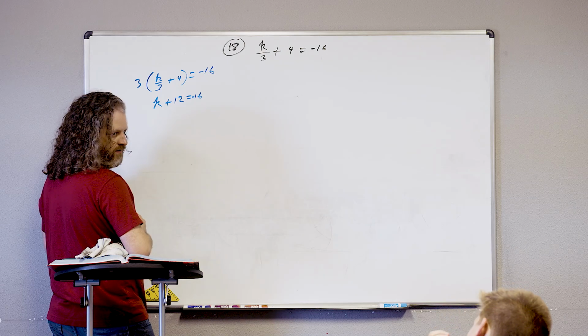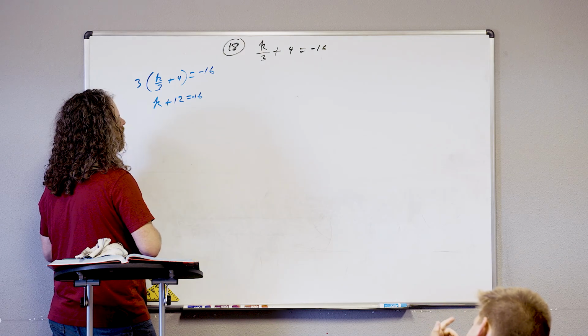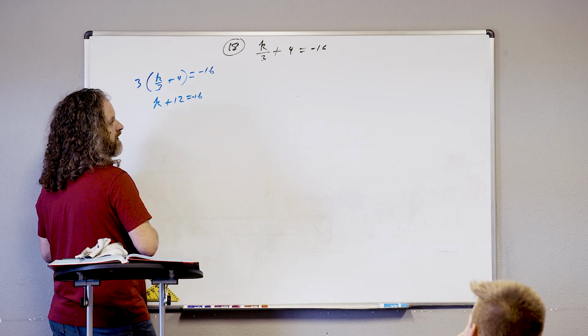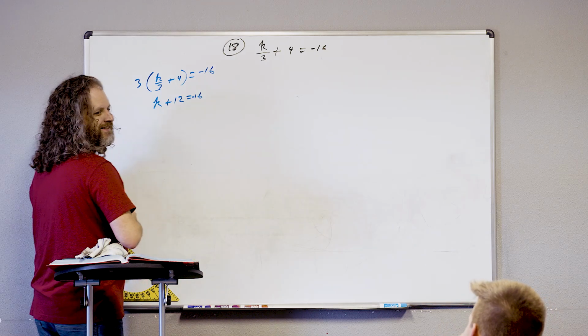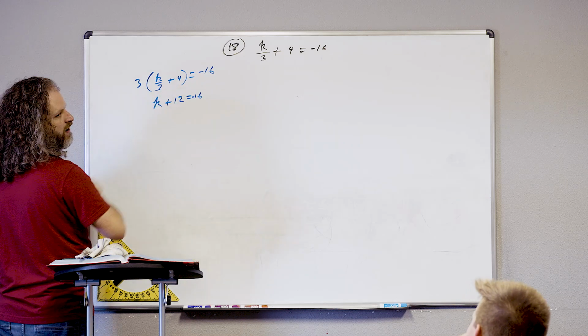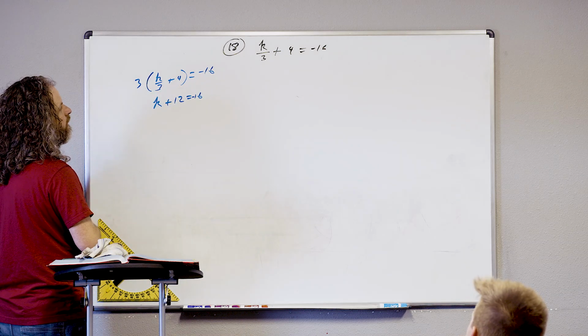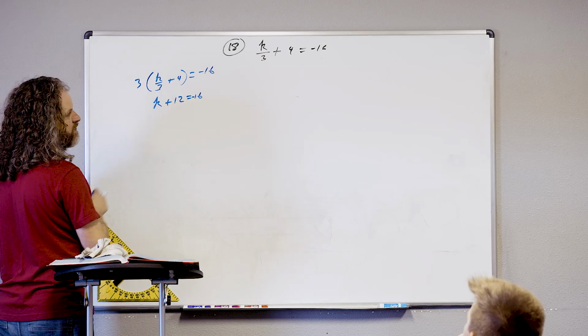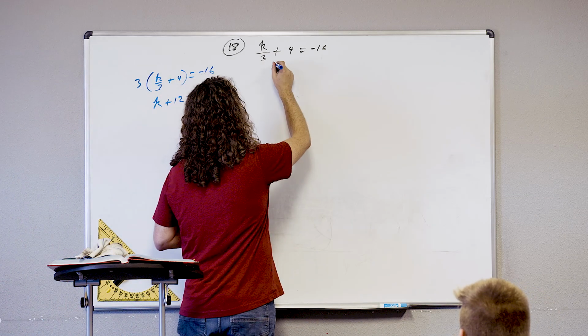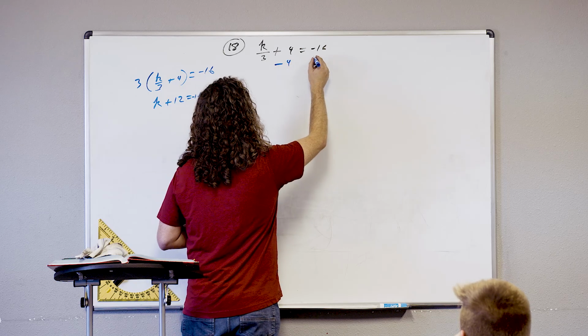Yes, no, yes. No. Well, that doesn't make any sense. If you got rid of this 3, you have to multiply everything by 3. So that's why this would turn into a 12. You'll actually get the same answer if you do that. It's easier to get rid of addition and subtraction first.